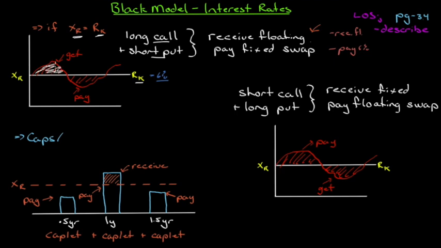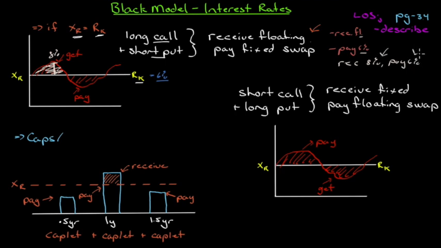The put option wouldn't be worth anything at that point. We would get everything above the line. So in other words, we would receive the floating rate, but would still be paying the fixed rate because we'd only get the difference. We'd only get this. So if this were 8%, what would we get? We would get 2%. That's the same as receiving 8% and paying 6%.